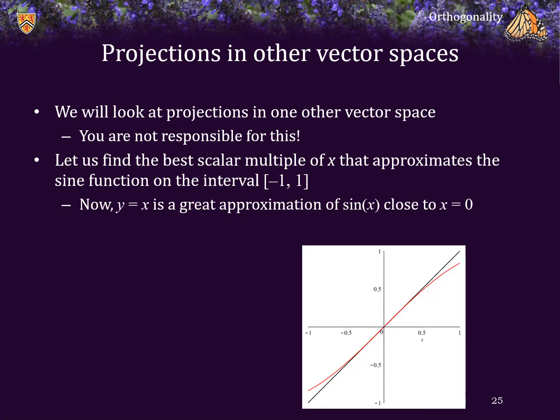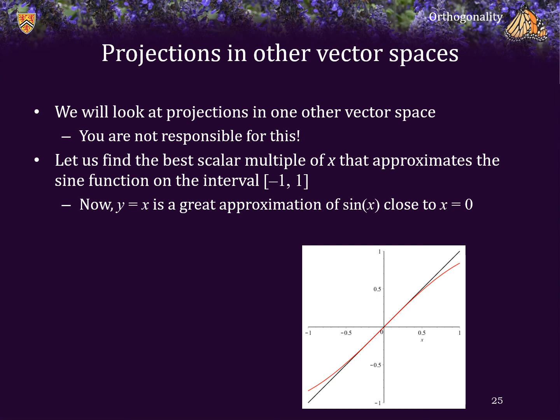All right. Now, y equals x is actually a very good approximation of the sine function close to x equals 0, as we can see in this image where the sine function is in red and the function y equals x is in black.